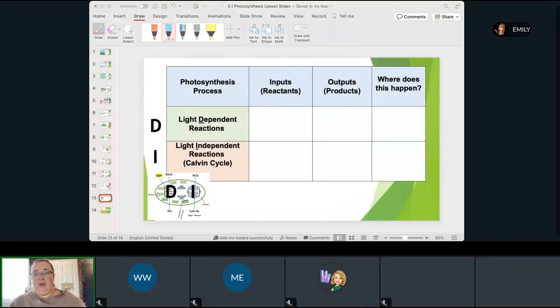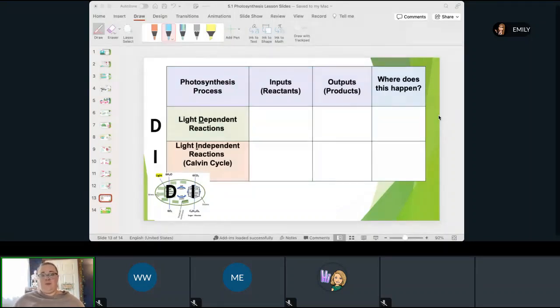What are my inputs for the light dependent reaction? What are my reactants? If you need to flip back in the PDF that you should have open to follow along, it's going to be in the picture that's down here in the corner.